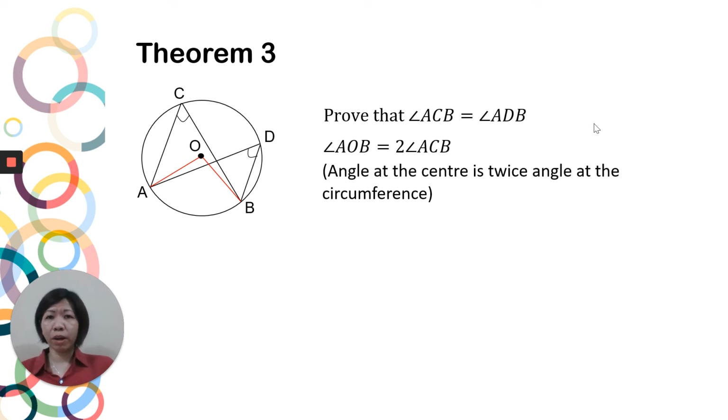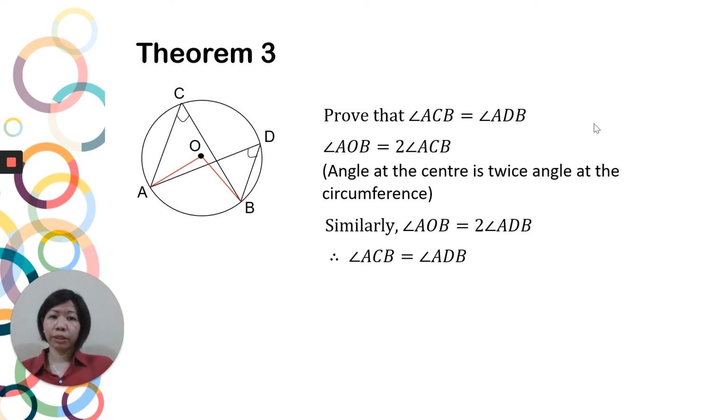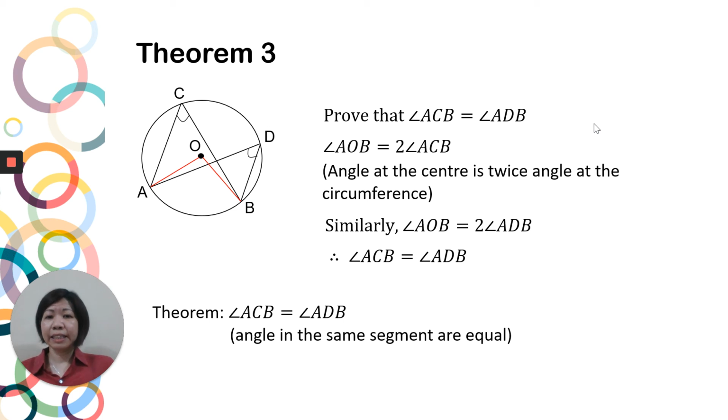So, by theorem 1, angle AOB is also twice the size of angle ADB, which means we can conclude that the size of angle ACB is equal to the size of angle ADB. So, theorem 3 is named as this: ACB equals ADB because they are angles in the same segment.